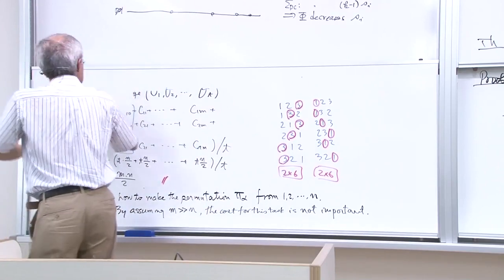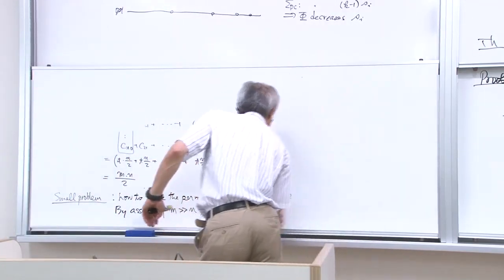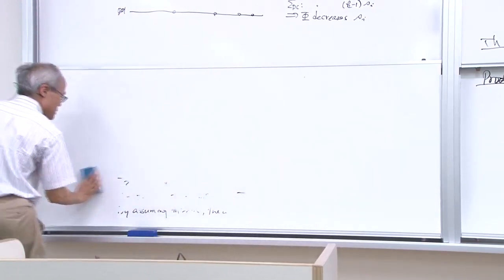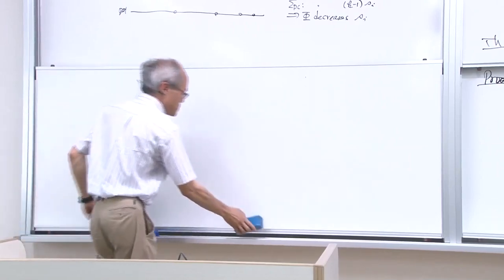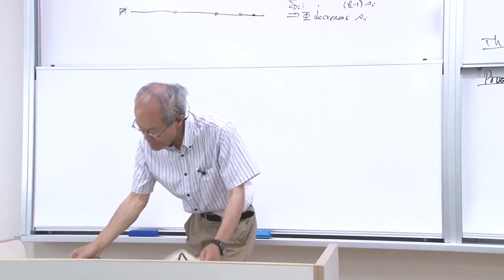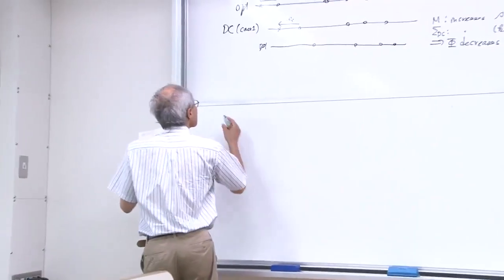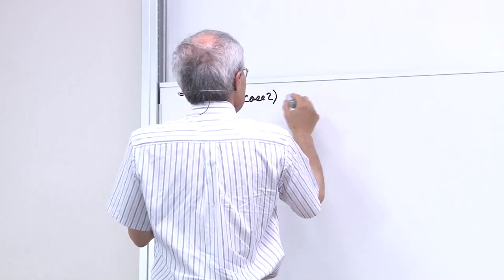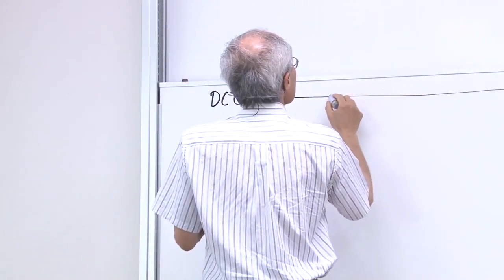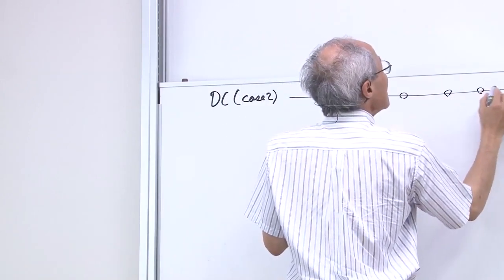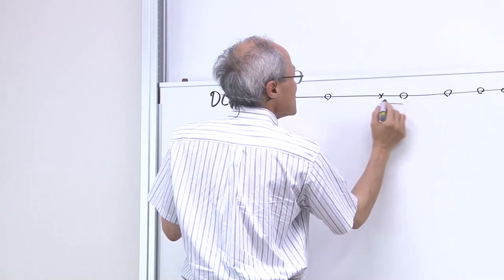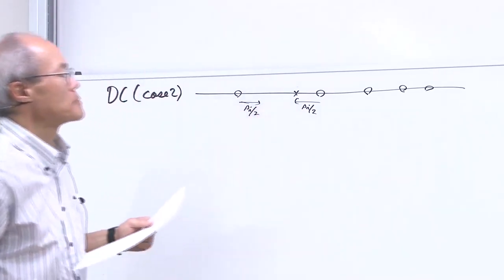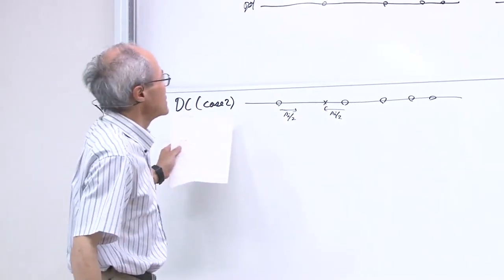Now, DC case 2 is now here. The amount of movement of DC is s_i.